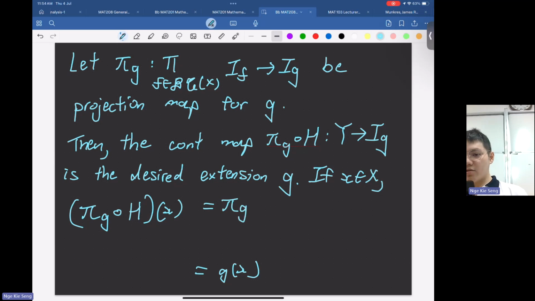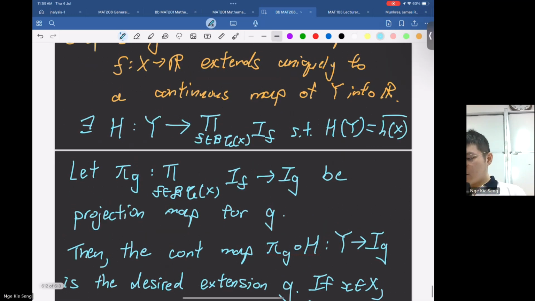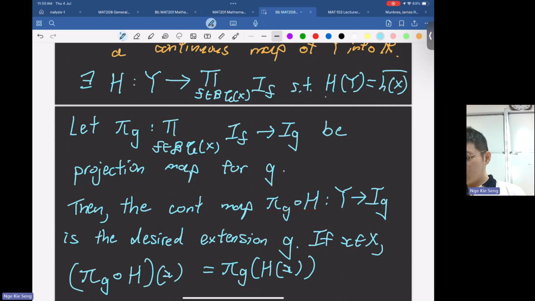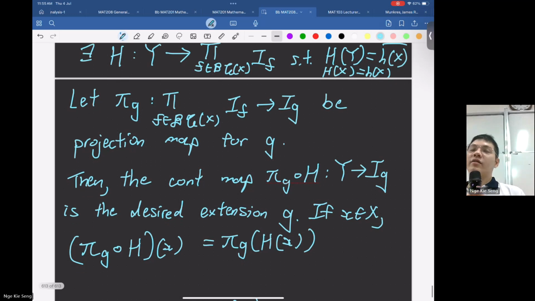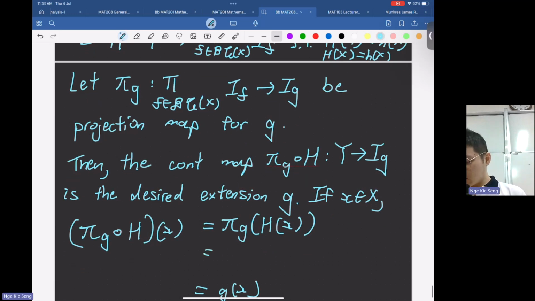You need to ask, what is pi_g capital H on X? Okay, so this embedding here, capital H x equals little h x. On X itself it is just h x. So capital H on X should be little h.